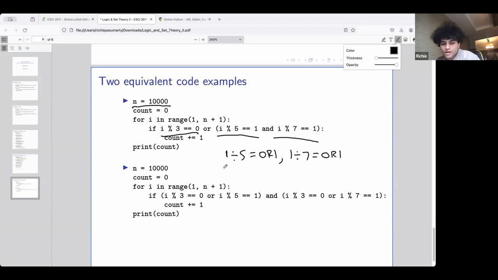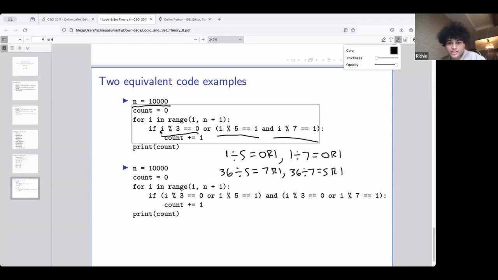Another example is 36, because 36 divided by 5 is 7 with a remainder of 1, and 36 divided by 7 is 5 with a remainder of 1. So both of these are examples.